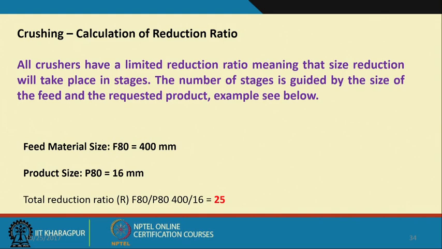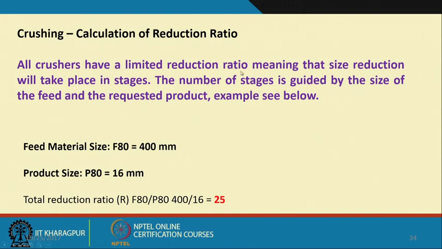Now, let me discuss how to calculate the reduction ratio. All crushers have a limited reduction ratio. What does it mean? It means that the size reduction will take place in stages. Each crusher is designed to break from a top size to a certain bottom size, and that is why we need a number of stages.